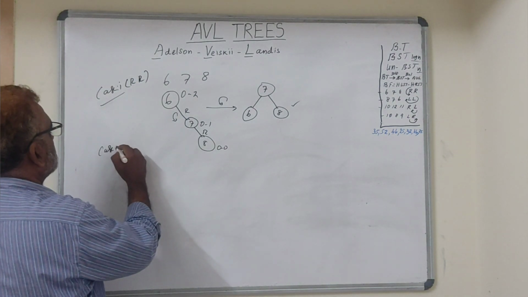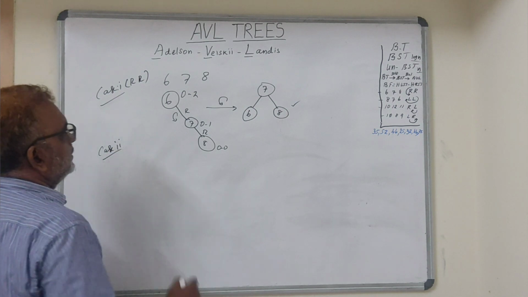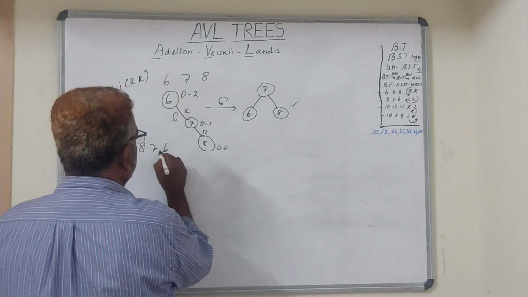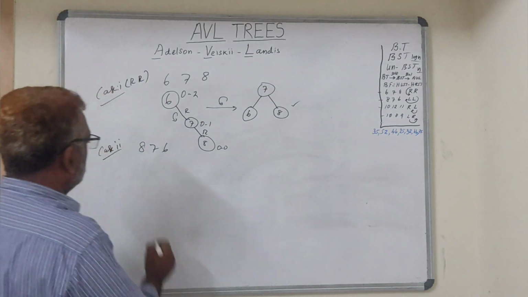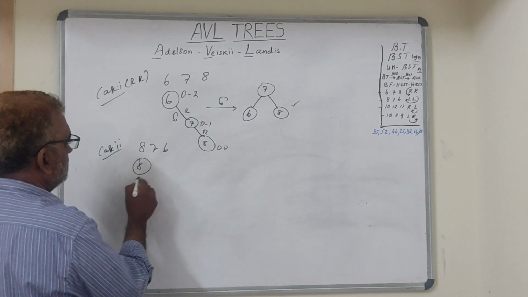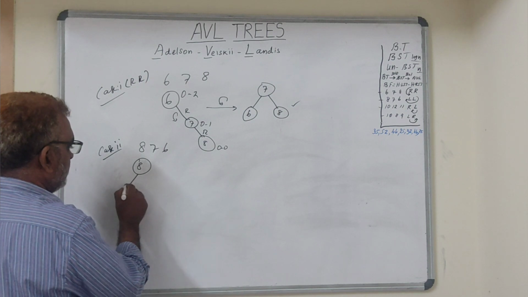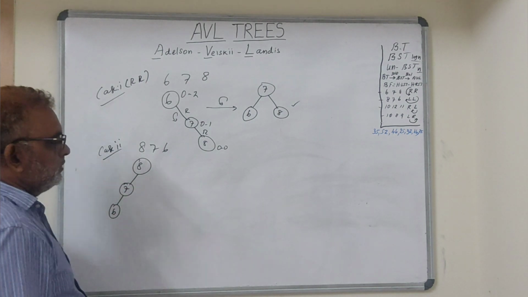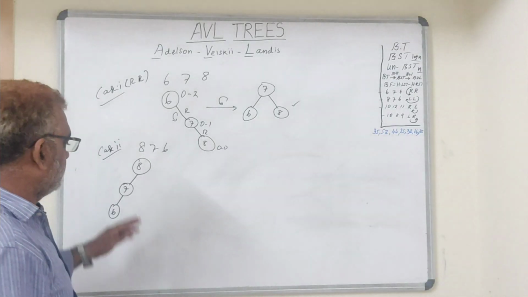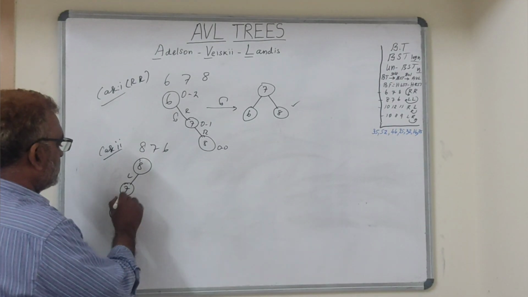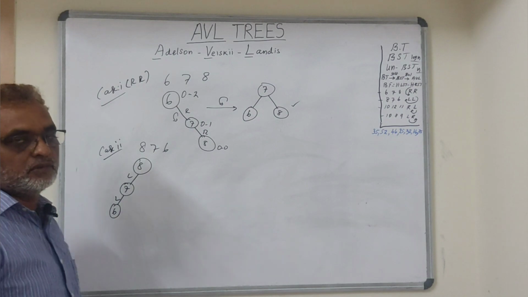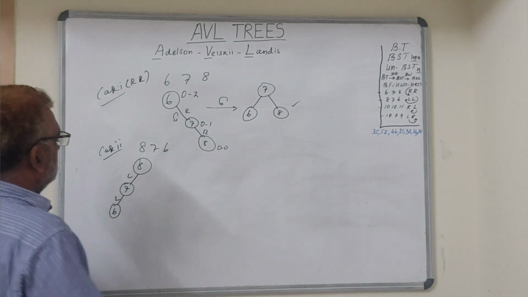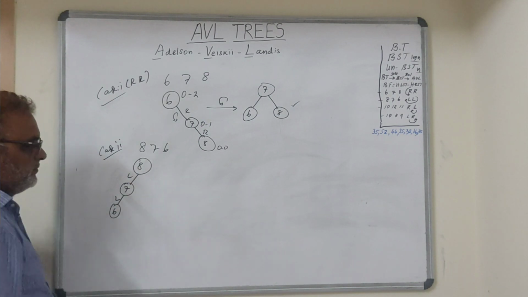Similarly, case 2, the next data is 8, 7, 6. This is 8, and 7 will come here, and 6 will come here. There are 2 left edges, so it results in a left skewed tree.